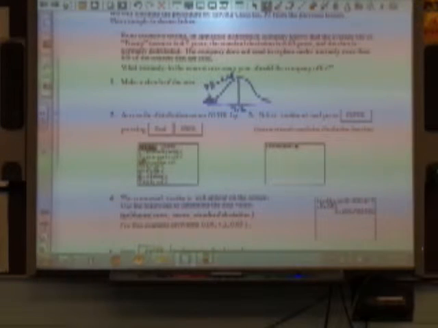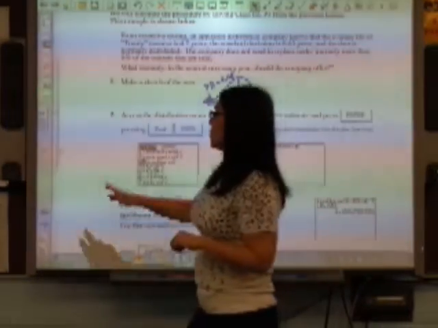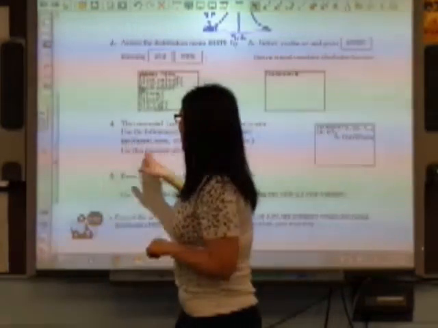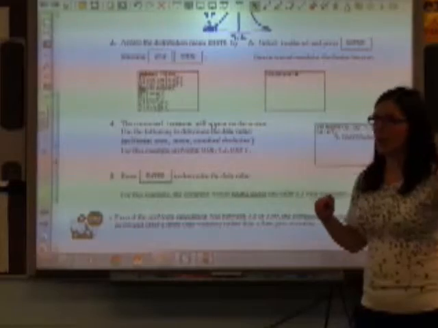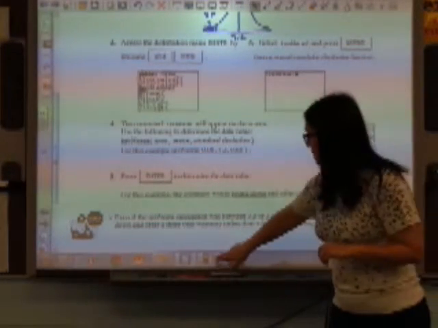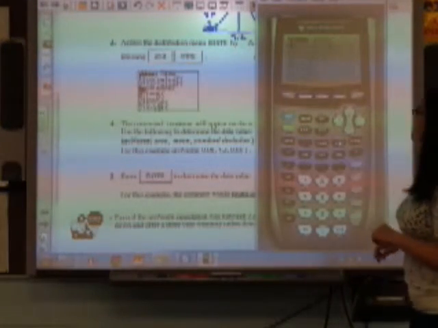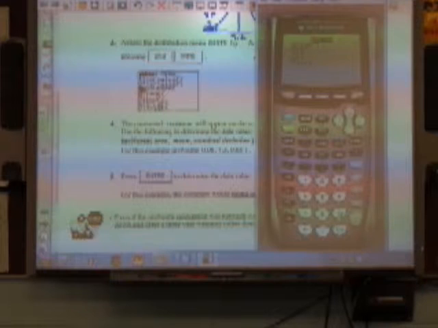So I find the inverse norm catalog key right where I found the normal CDF by pressing second vars. When I use the inverse norm, I need to give the area to the left, the mean, and the standard deviation. So let's do that. Second vars, inverse norm, and depending on your calculator, it might actually prompt you for pieces.